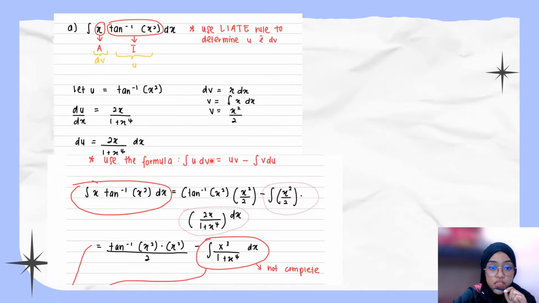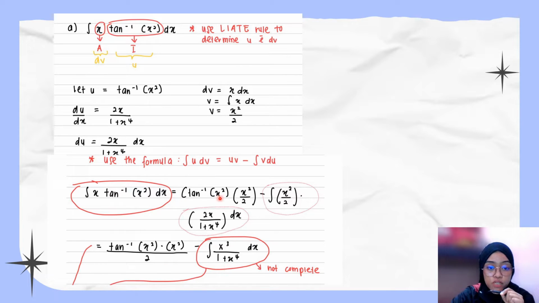The integral of u dv is the question itself, the integral of x inverse tan x squared dx, which equals u, inverse tan x squared, times v, x squared over 2, minus the integral of v, x squared over 2, times du, 2x over 1 plus x to the power of 4 dx, which I wrote here.